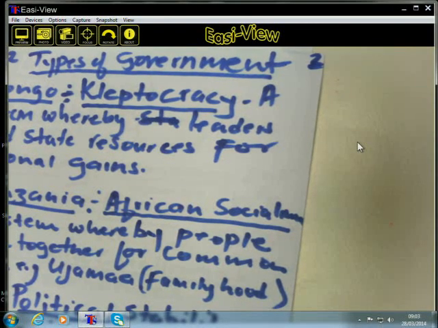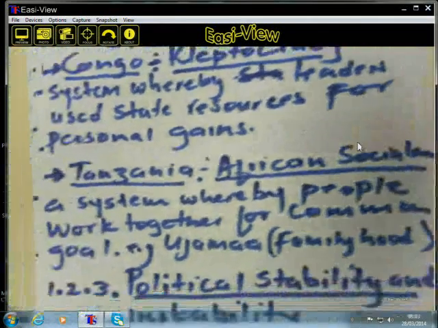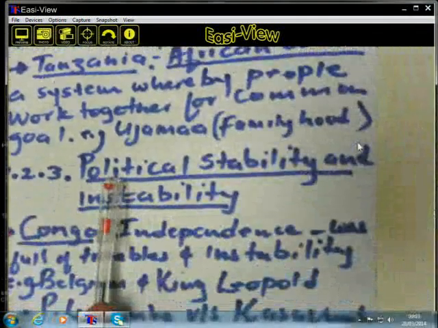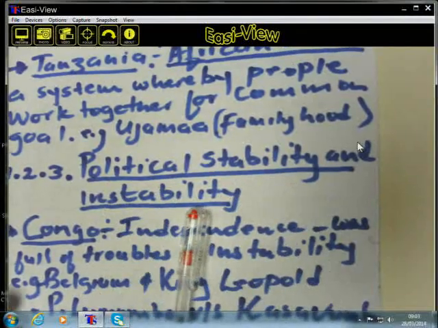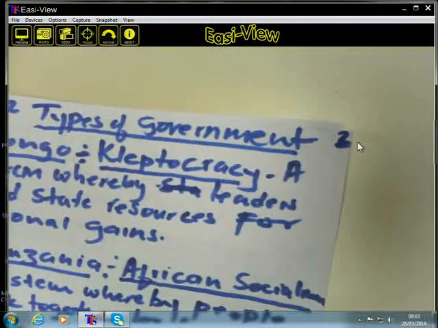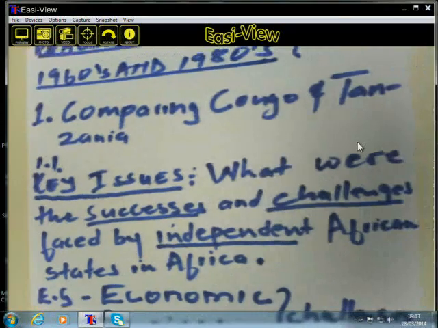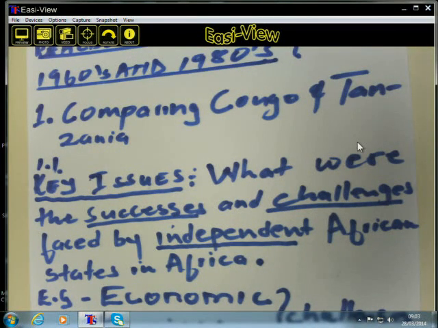When Tanzania and Congo received independence, was there political stability or instability? What type of government? And finally, what is also key is colonial involvement. When these countries received their independence, was there colonial involvement trying to assist these countries in how to govern themselves?